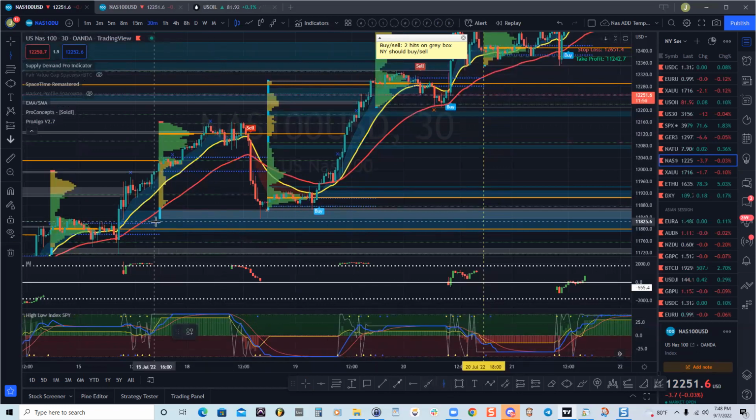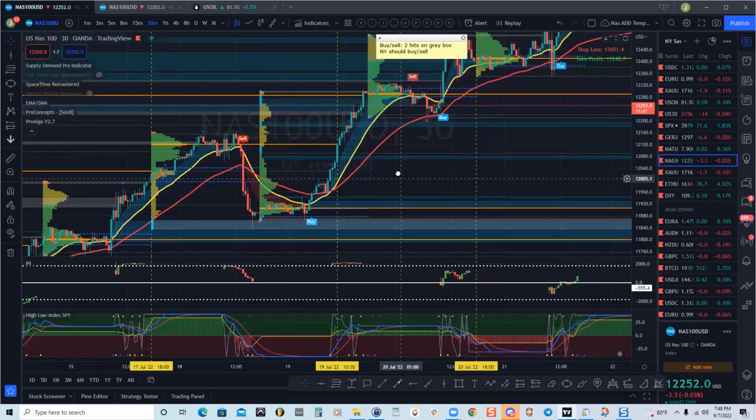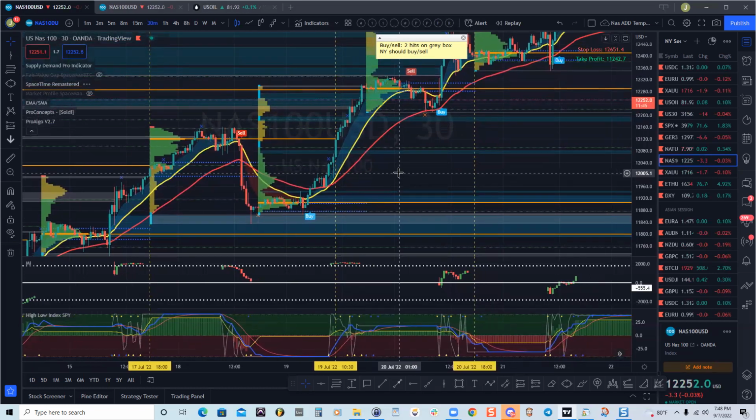This one started here, and why did it end here? Why is that? Why did it do that? See how that candle's violated, right? That whole line started there on the 17th and it ended on the 19th. Why is that? Any ideas?